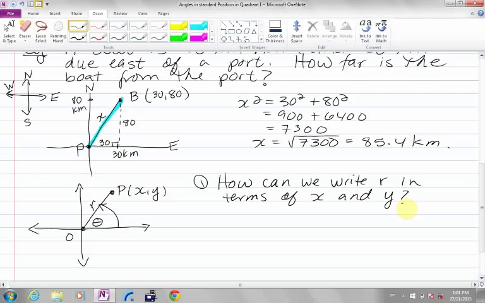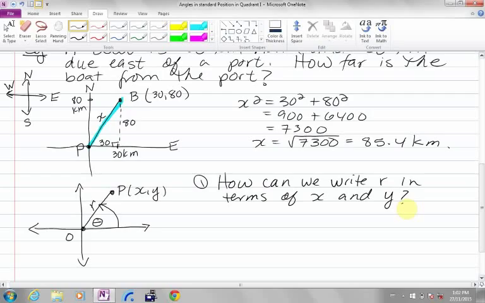How could we do that? Just like the last question, isn't it? X and y would be 30 and 80. So we don't know what x and y are. That's okay. I just want to express r in terms of x and y.